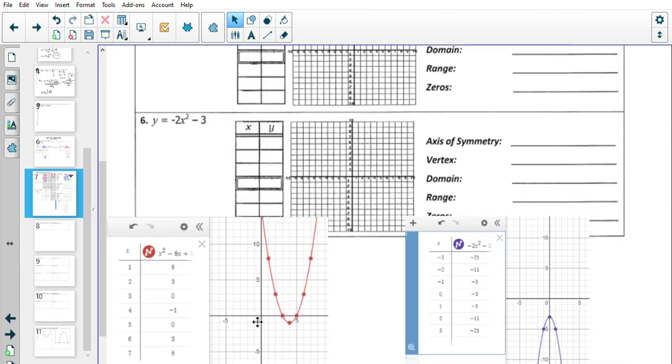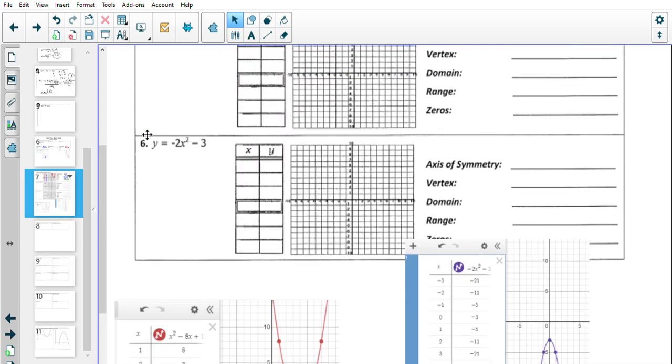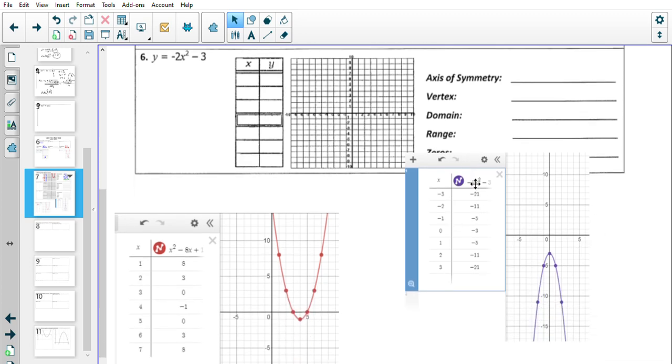We can do the same thing with number 6. Okay, number 6, we have y is equal to negative 2x squared minus 3. So I typed in negative 2x squared minus 3 into Desmos. I graphed it. I used my table function and then I filled in where my vertex was, which is at 0, negative 3, right in the middle.